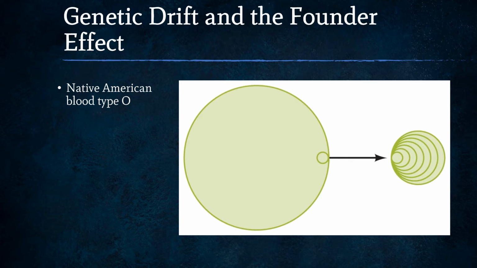So whatever population ended up founding the population in America, the original groups of Native Americans that came over must have, randomly, just had more blood type O. Now it's more greatly represented in Native American populations than it is in Asian populations. That's another example of genetic drift.